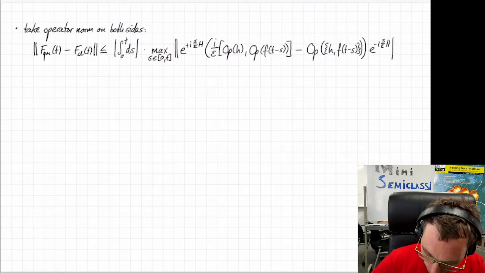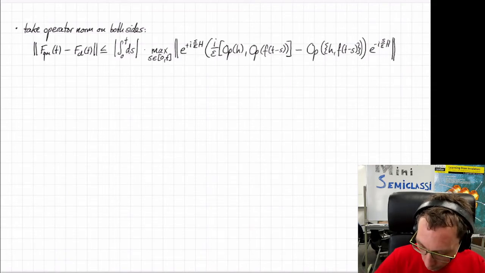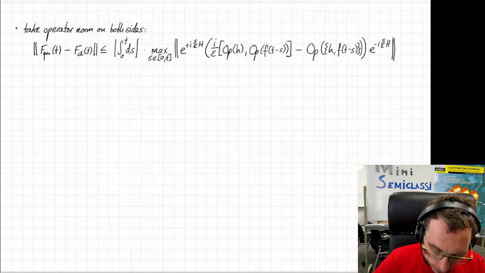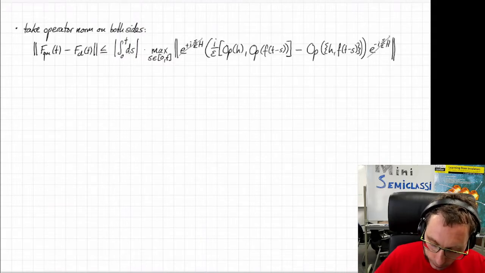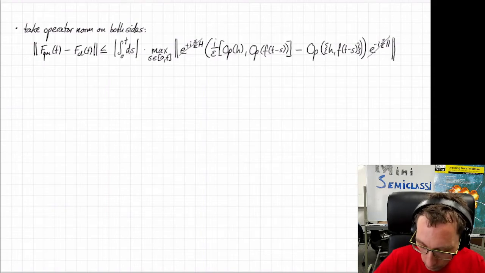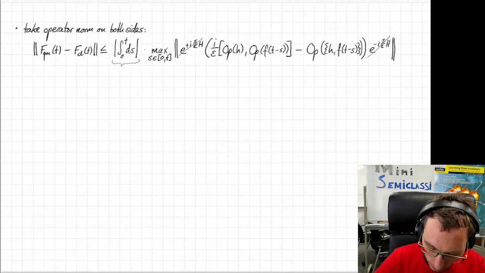So I have a norm here, a norm here. But now the quantum evolution is unitary, so I can just kill it. And what remains is, well, of course, this here is the absolute value of t.